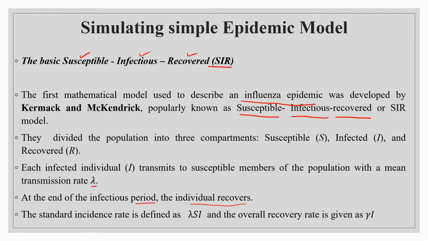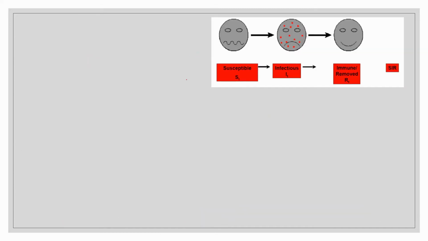We take a standard incidence rate as lambda SI, and the overall recovery rate is given by gamma I. This pictorial representation shows how susceptible individuals go to the infected class as they come in contact with an infected person. The susceptible population who can catch infection gets transferred into the infected class, and after they recover they go to the recovered class. For this scenario we have this simple coupled differential equation.